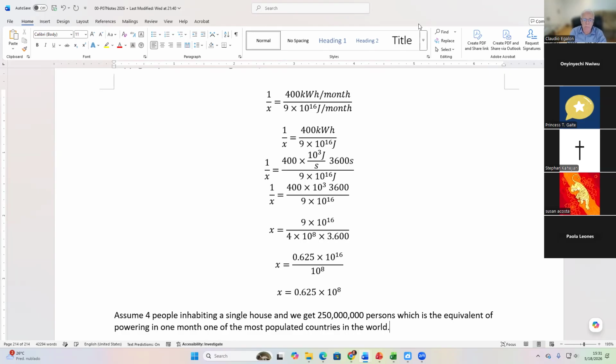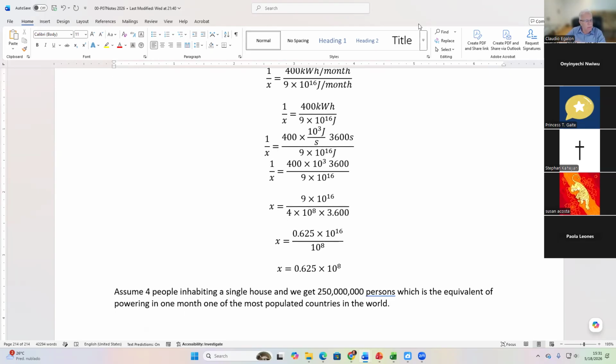Brazil has 250 million people, and Brazil is a very large country, almost the size of the United States.